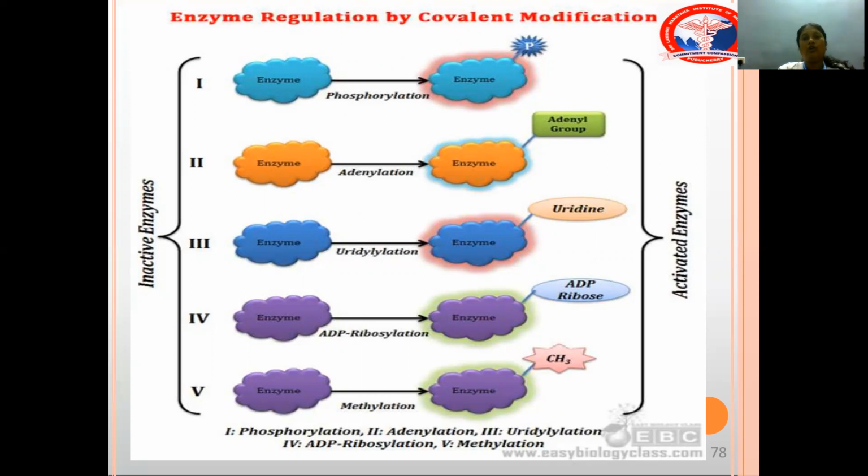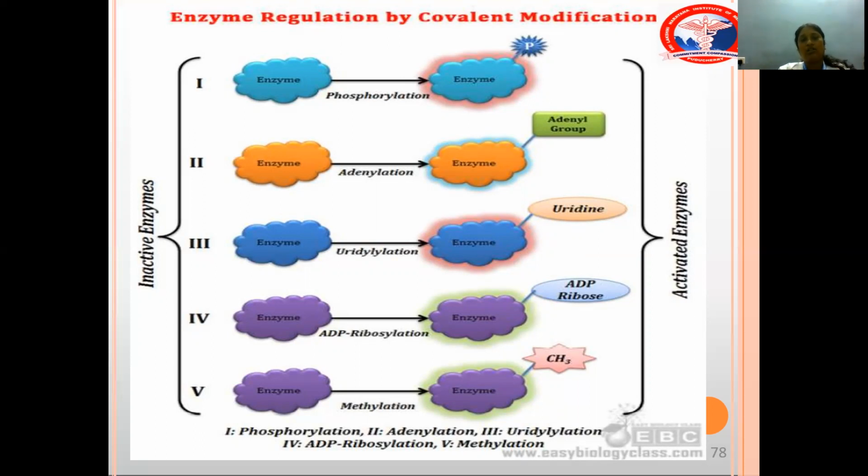Or uridylation, where a uridine group will be added from uridine diphosphate or triphosphate. Or ADP ribose will be added to the enzyme to favor its activation or inactivation. Then methylation, where a methyl group will be added to the enzyme.